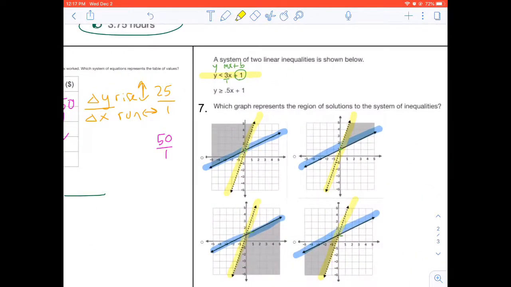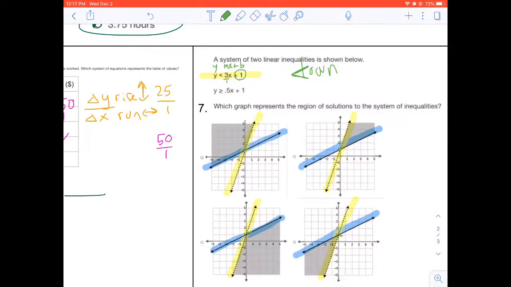Now I wanted to pick out which line was the yellow one so that I could figure out which way I was supposed to shade. On this first line, the symbol is a less than symbol. So numbers that are less than that line are going to be down. And again, you can use that trick when it's y and then the inequality. So we're going to shade down.